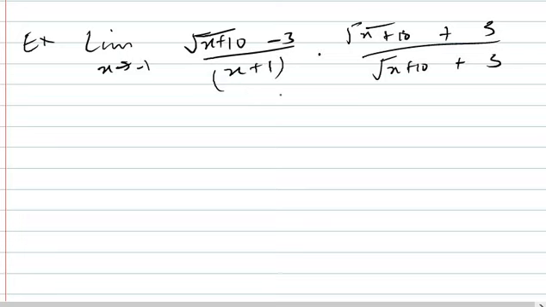I don't think that is difficult. And then the answer is 1 over 6. So it's homework. The answer is 1 over 6. So it's pretty good and very easy.